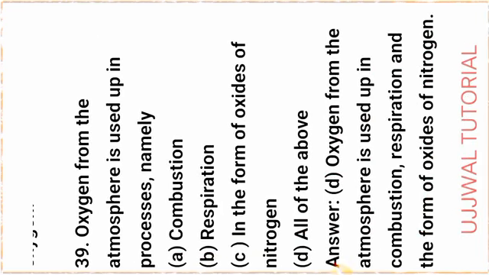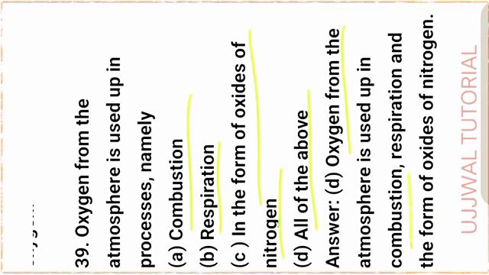Next question, number 39. Oxygen from the atmosphere is used in which processes? Combustion, respiration, and the formation of oxides of nitrogen. That is option D, all of the above.